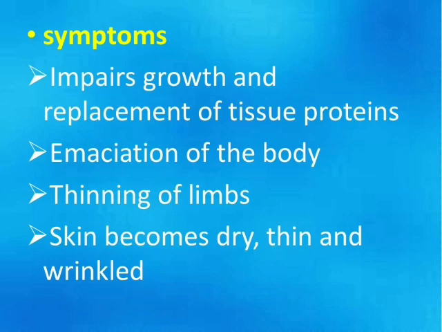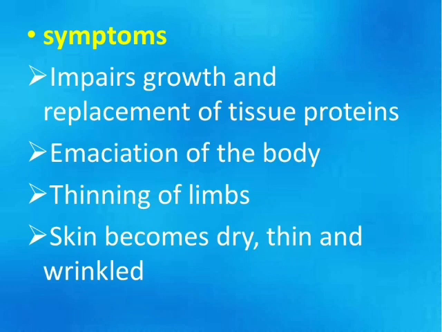Such a condition is called emaciation. Then thinning of limbs. Limbs become very thin and the person becomes weak. Skin becomes dry, thin and wrinkled due to loss of fat from the skin.